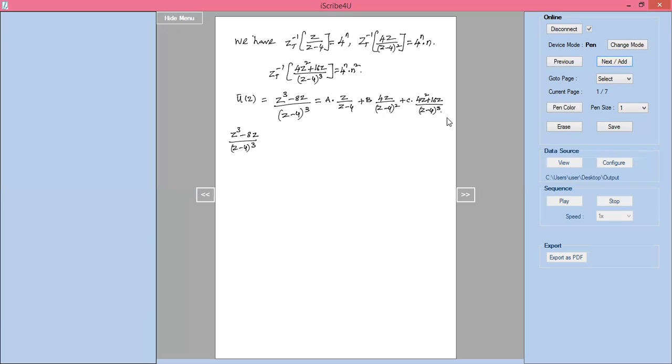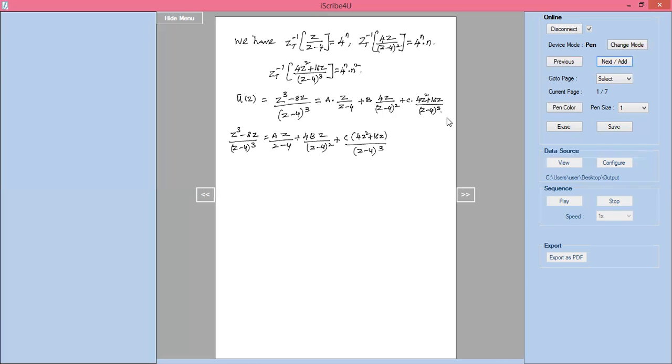This one only I'll write here: a into z divided by z minus 4, plus 4b into z divided by (z minus 4) whole square, plus c into (4z square plus 16z) divided by (z minus 4) whole cube.